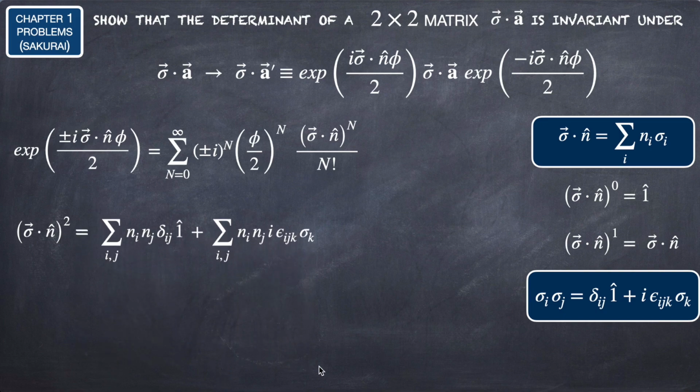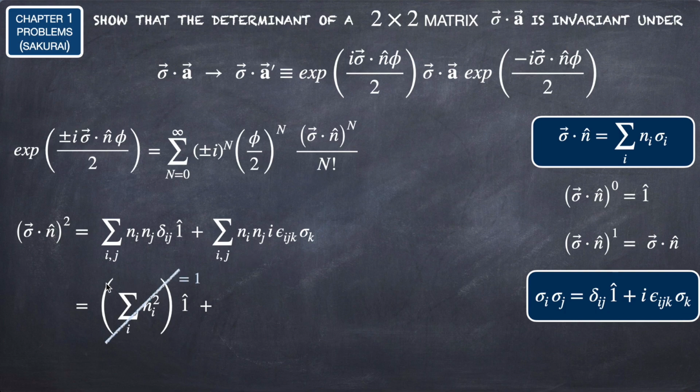Okay, so when we sum over j, for instance, when j is equal to i, then this delta is going to be 1, and we will get the summation over i only of n_i squared times the identity. And then we will have this other term.